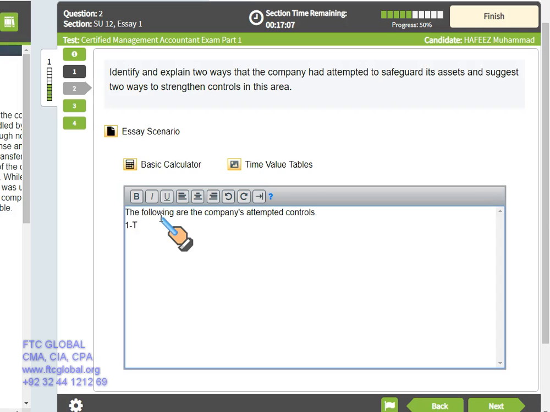The company had physical controls over their checkbooks. Tightly locked. 2, the president authorized and signed all checks. That's a good control.